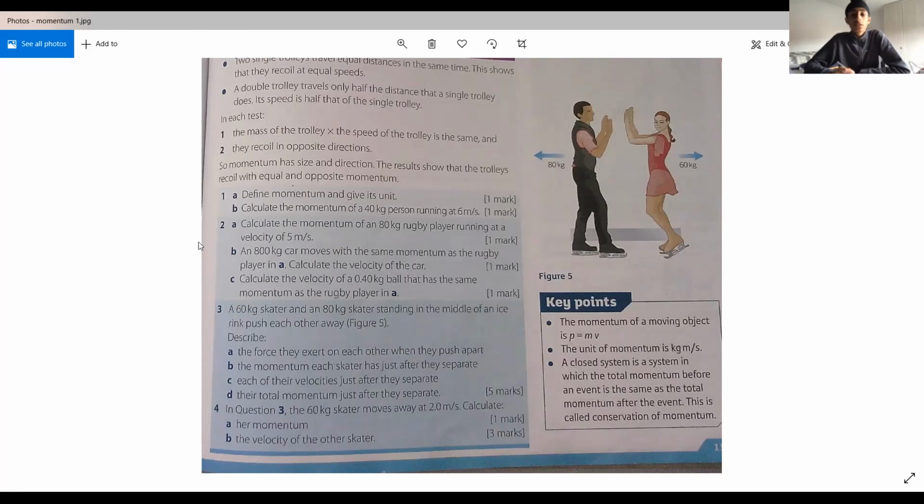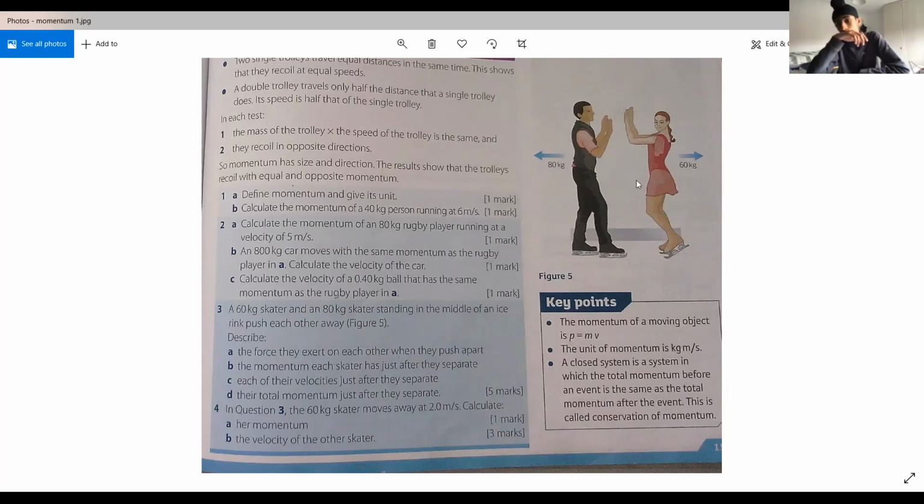Well, won't the momentum of the 60 kg person be greater than the 80 kg person? It almost makes you want to think that, but actually no. The momentum will be the same in terms of size, and the direction will be opposite. Momentum is always the same in such a scenario for the two.